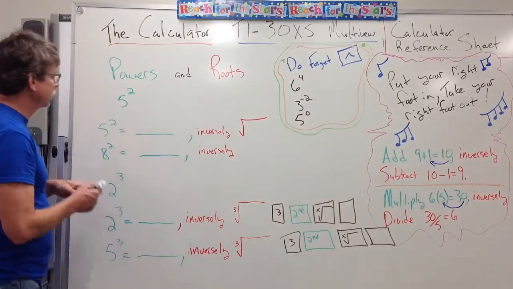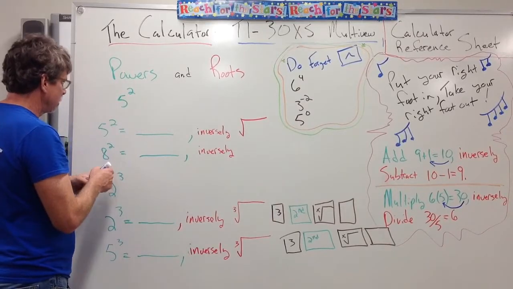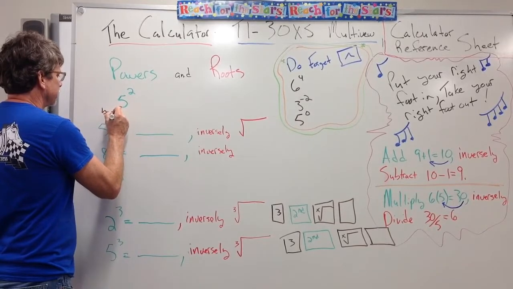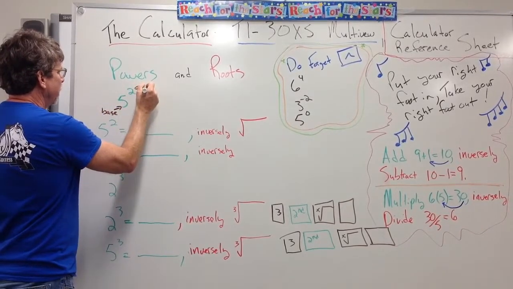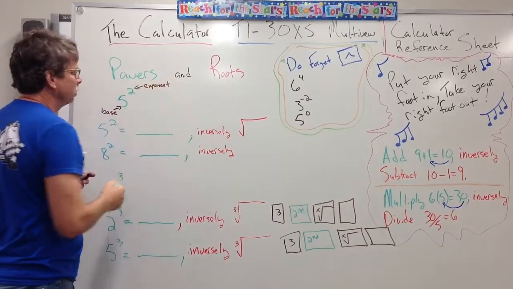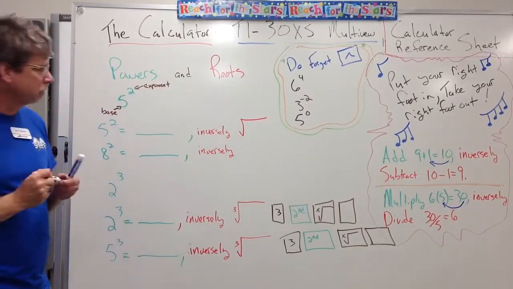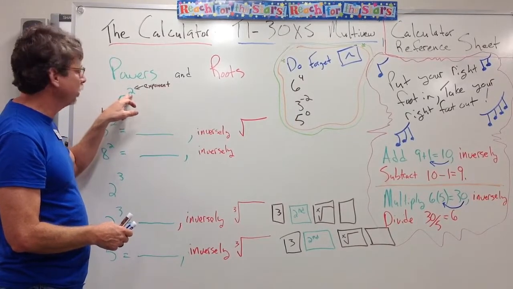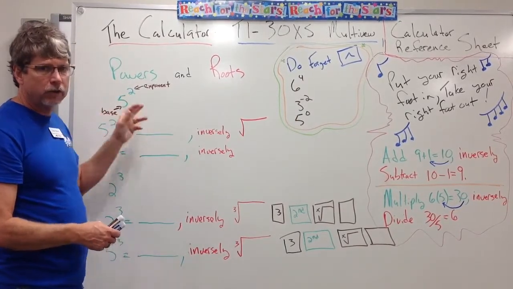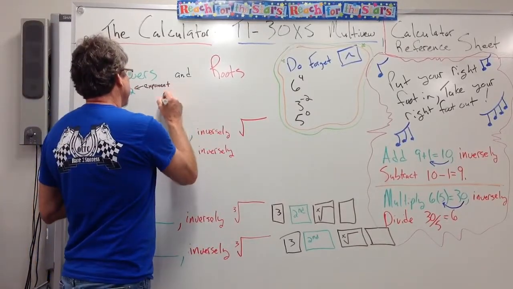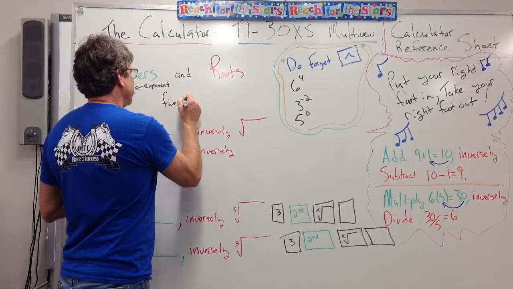So when I see 5 to the power 2, this 5 is referred to as the base. The 2 is referred to as the exponent, and a lot of times they'll use the word power for that. So this is 5 to the power of 2. Most commonly we say 5 squared.